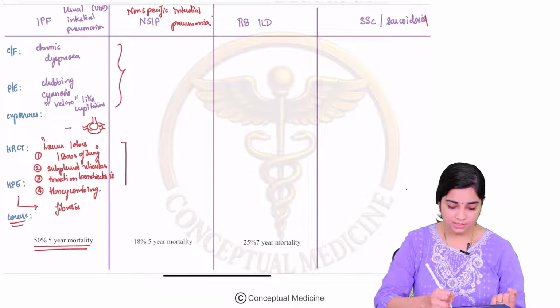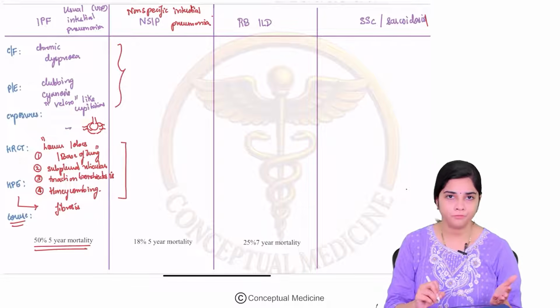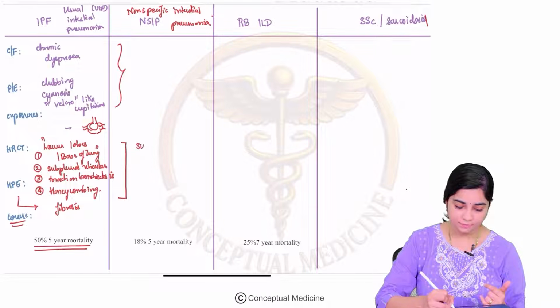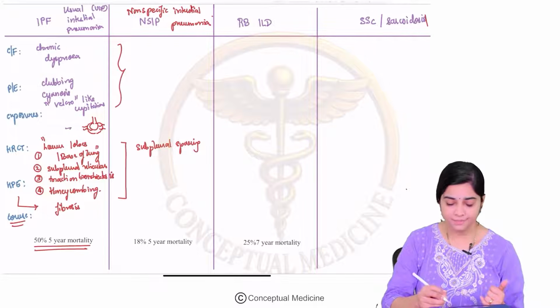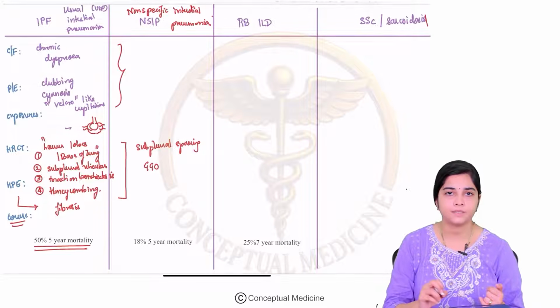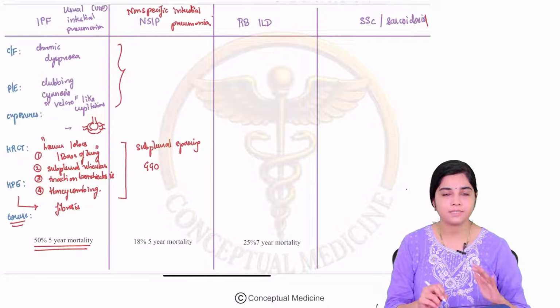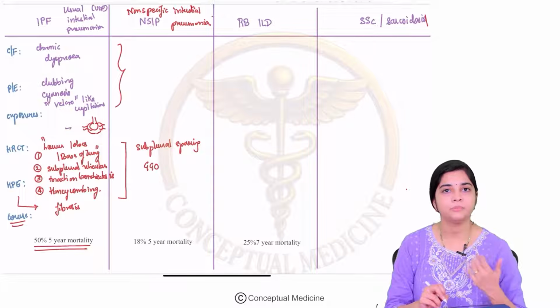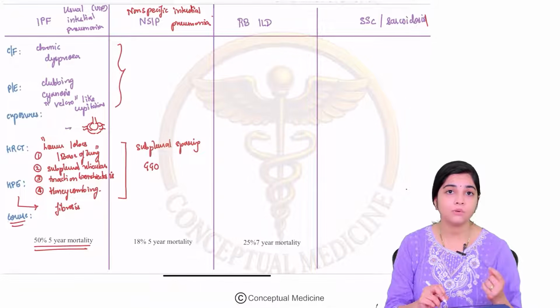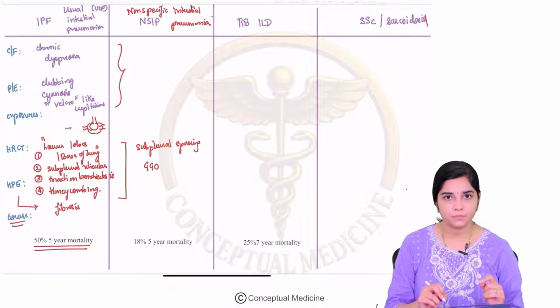So how are the HRCT and histopathology of the NSIP pattern different from the UIP pattern? The characteristic feature here is that there is subpleural sparing, and it shows the presence of ground glass opacities. Okay, what are ground glass opacities? Basically glass-like, semi-white shadows. You can find these in the HRCT of an NSIP ILD. We'll be looking at the images again. So you find ground glass opacities and subpleural sparing.